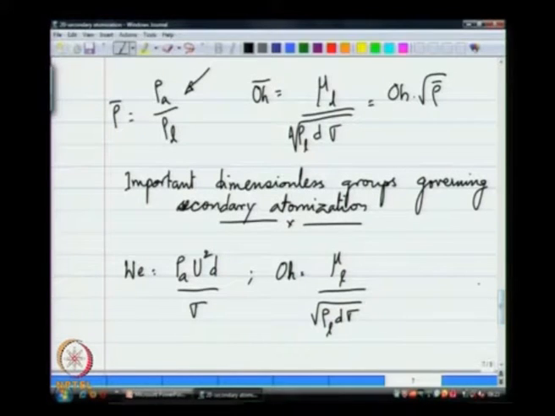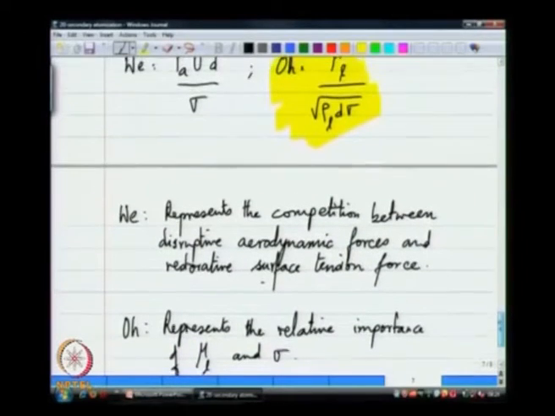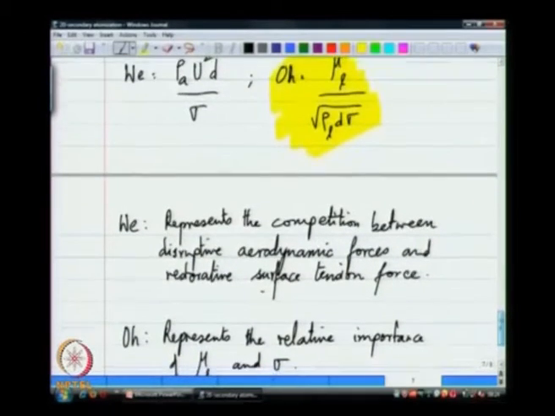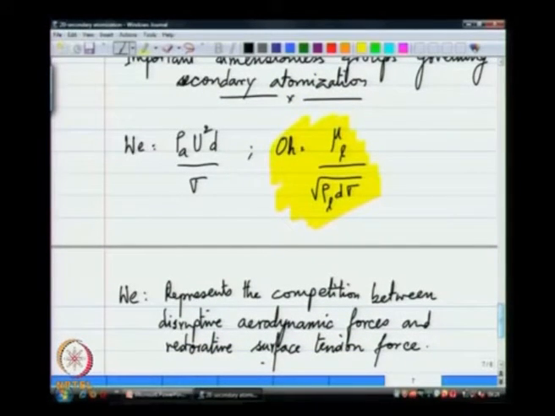So, essentially in the way the Ohnesorge number is written here, the liquid viscosity is trying to damp out any oscillations, while surface tension is trying to cause the breakup of the drops. Okay. So, we want to understand the different roles that the same physical property, surface tension, plays in the two different phenomena.